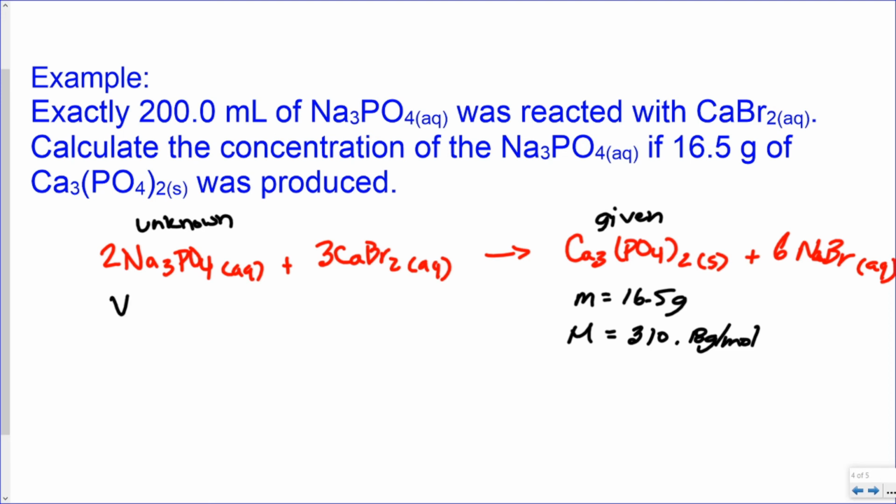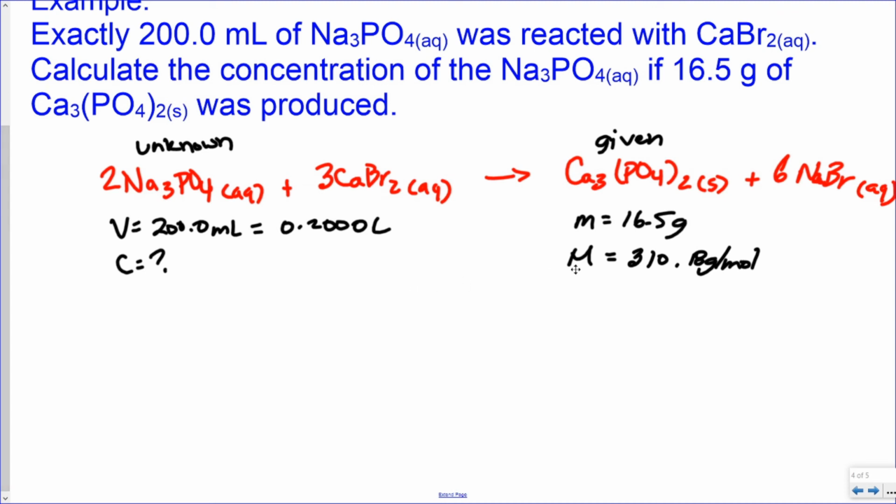So we're given a volume of 200.0 milliliters. This is looking like a solution stoich question since we're given a volume and we're asked to find concentration. So we've got gravimetric over here, solution over here, so this is a combined question. While we're at it, let's just convert this to liters, so this would be 0.2000 liters.